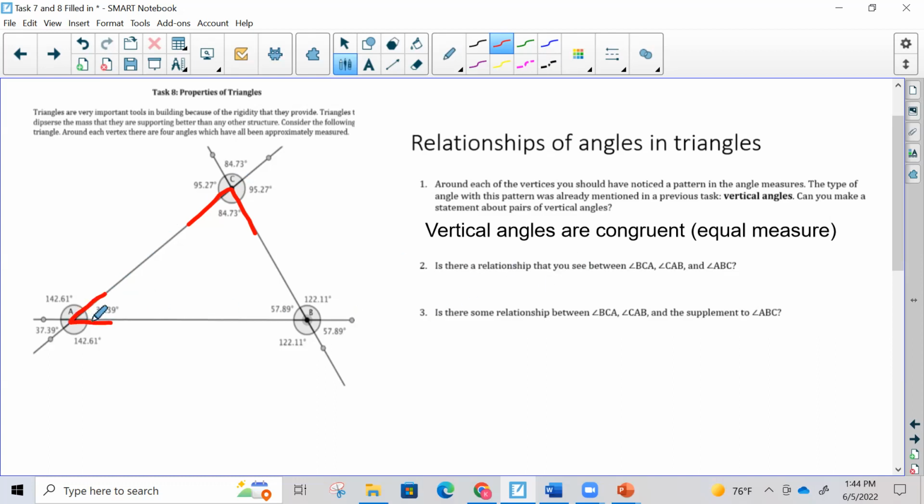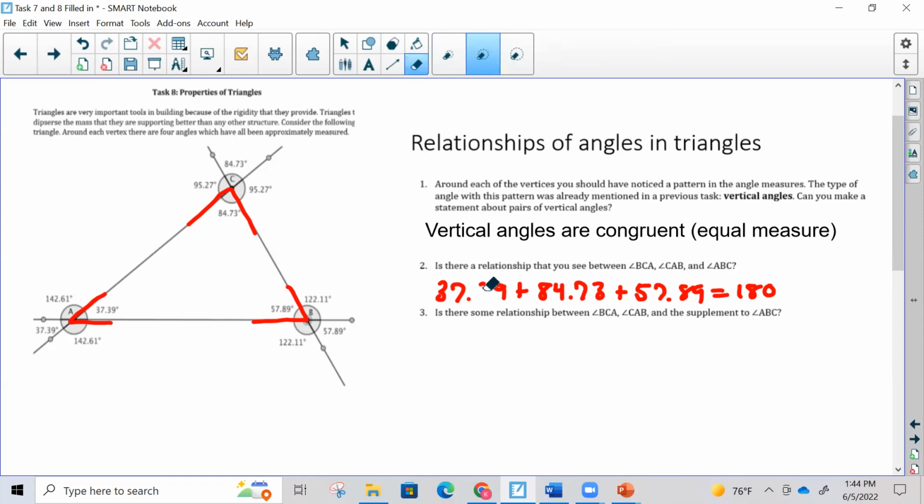And then ABC, if we start at A to B to C, that's this angle. So if we take those 3 angles, we know they're in a triangle, and you may know this property because it is pretty well known about triangles. If we take those 3 angles and we add them together, they will add up to 180 degrees.